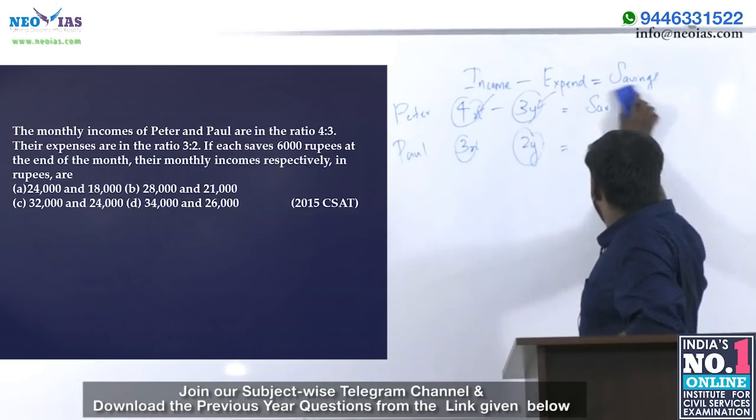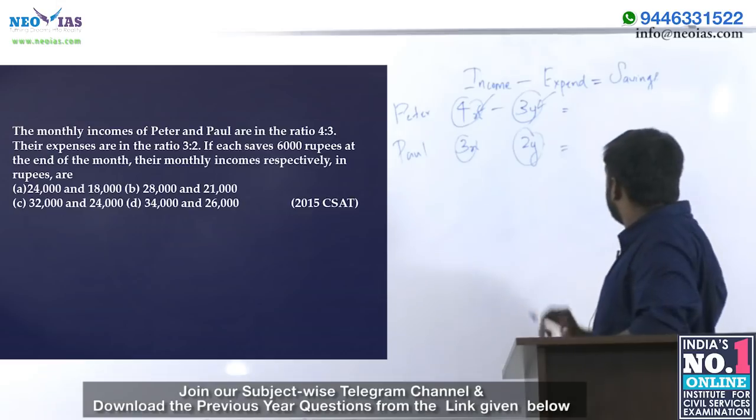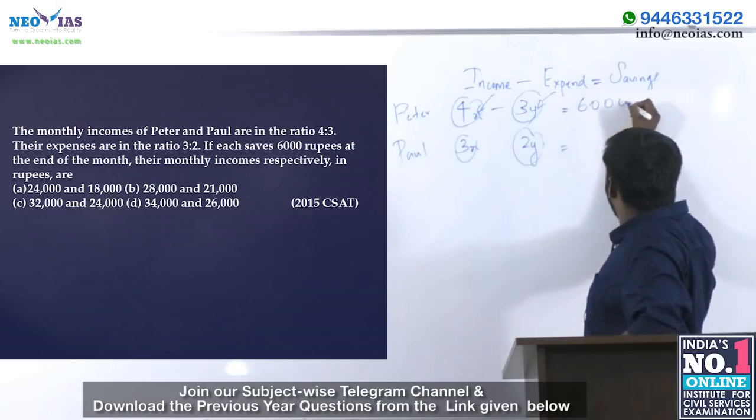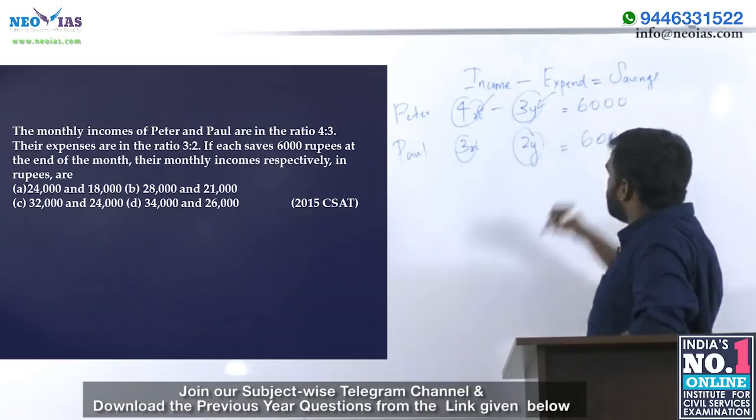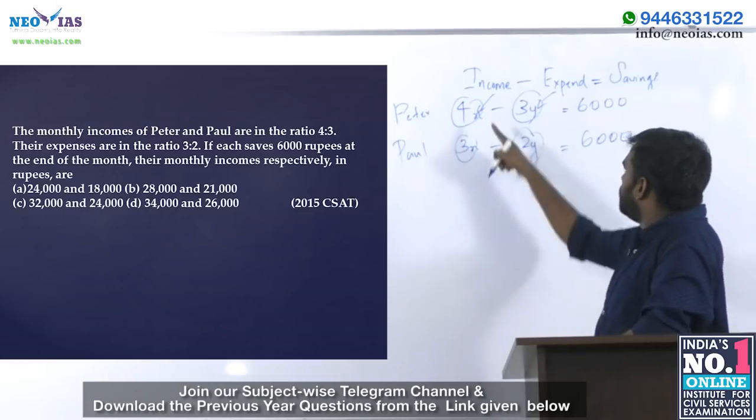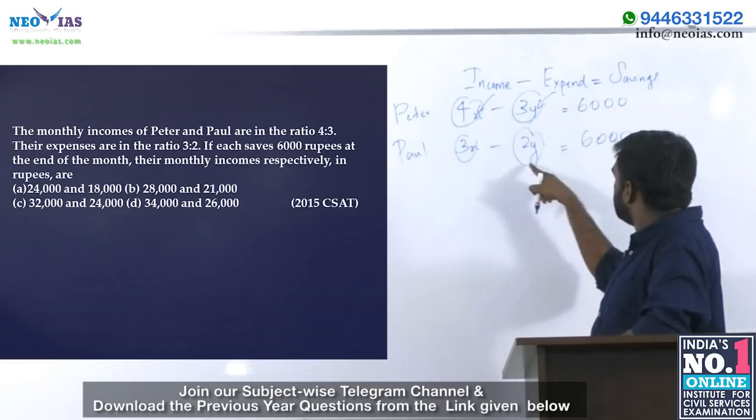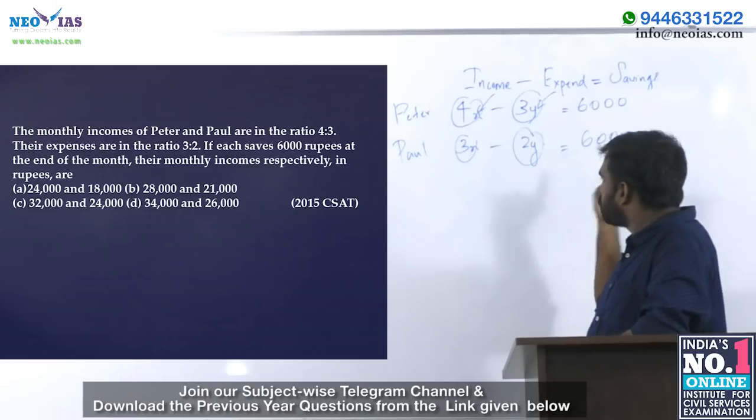That means both persons are saving an equal amount of 6,000. So, 4x minus 3y equals 6,000, and 3x minus 2y equals 6,000. How will you solve this?